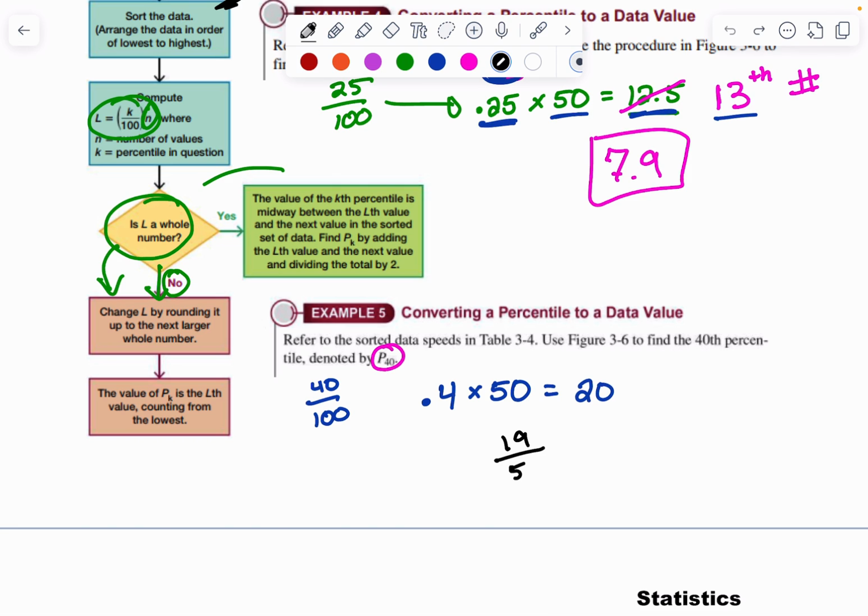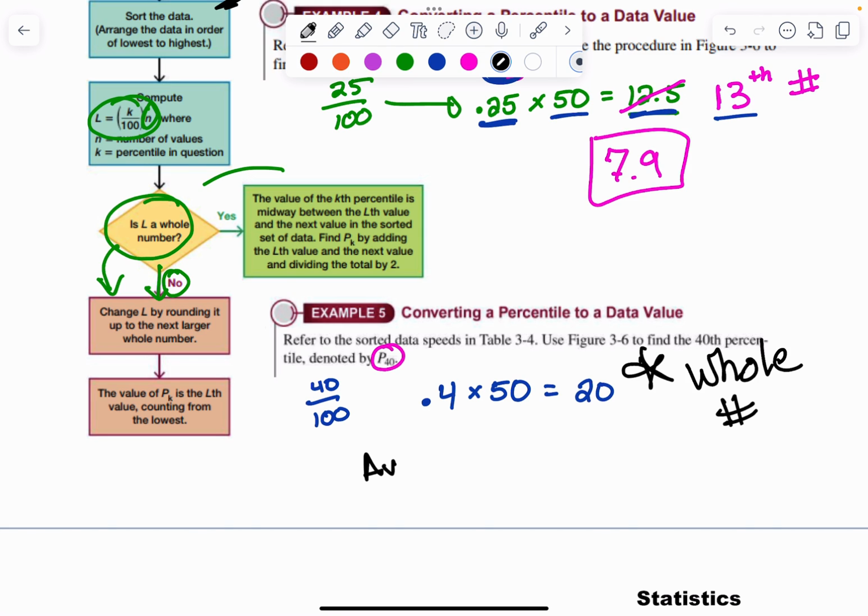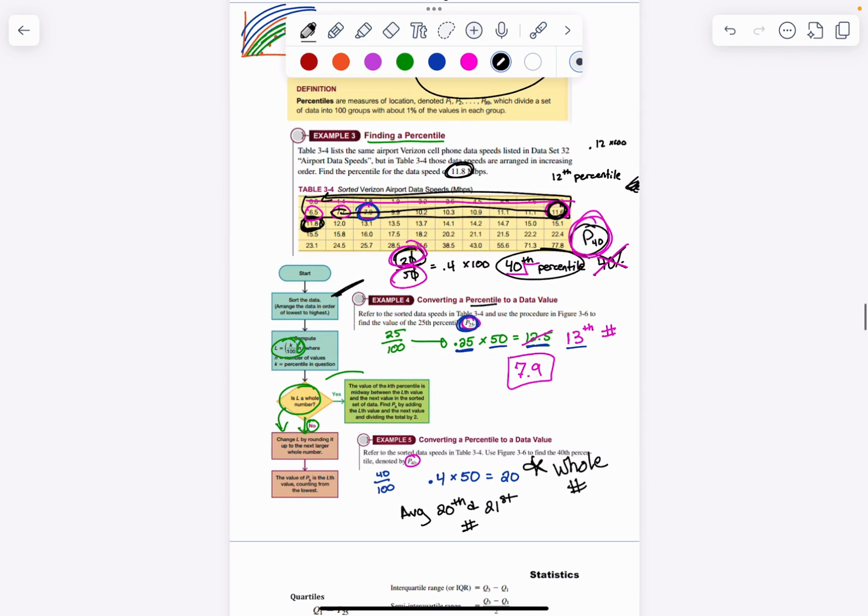So what I have to do is, if it comes out to be a whole number, you average the 20th and the 21st number together, okay? So the 20th number, let me erase some junk in my data set, the 20th number was 11.6, the 21st number was 11.8.